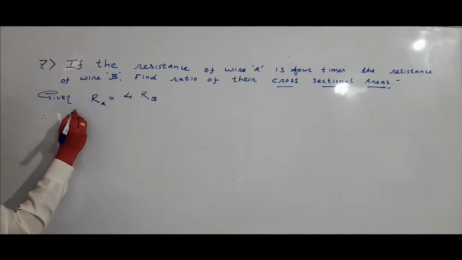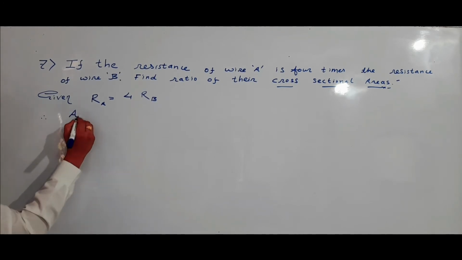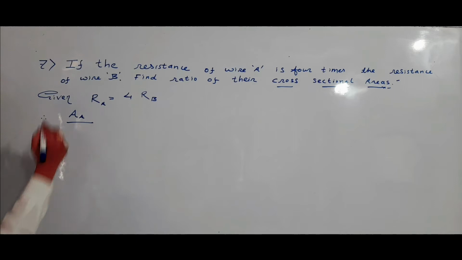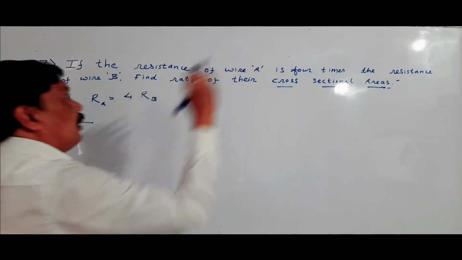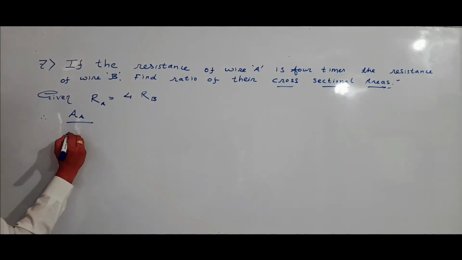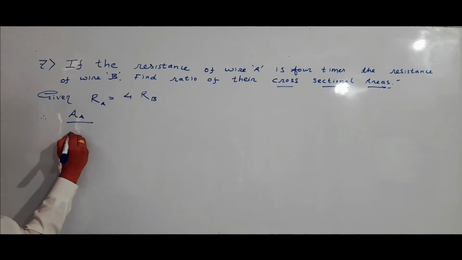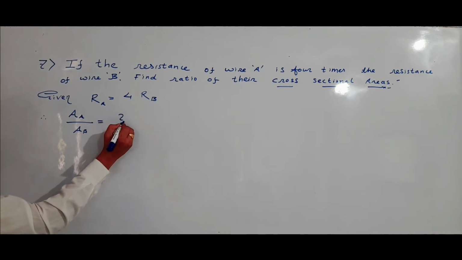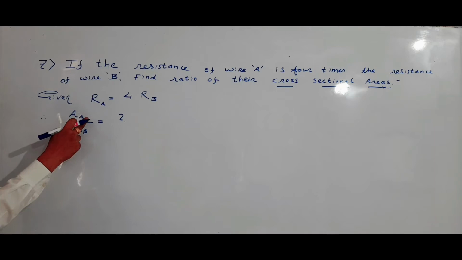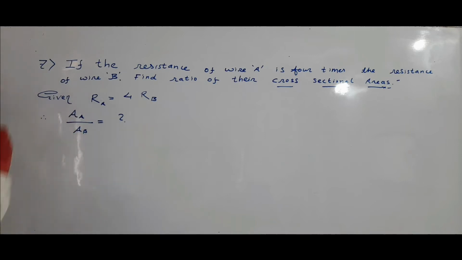Therefore, we want the area of cross section of wire A upon the area of cross section of wire B. Their ratio we have to find.